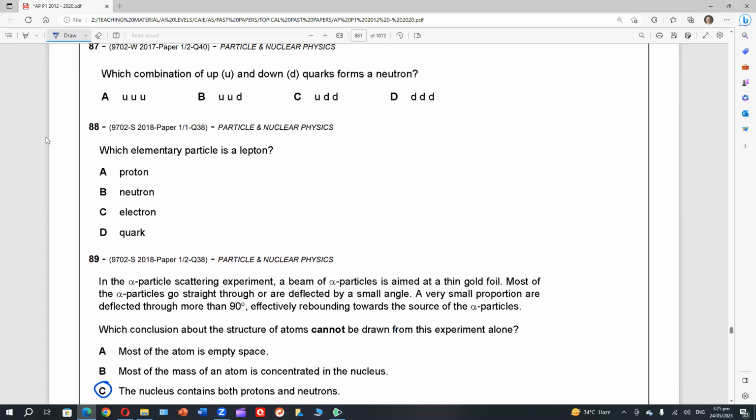Which elementary particle is a lepton? Leptons are like fundamental particles, right? It will be electron. Electron is a lepton. Quark is not a lepton. So it should be a straightforward question.